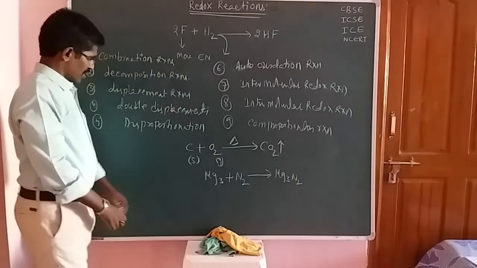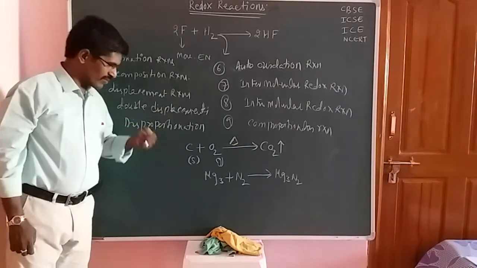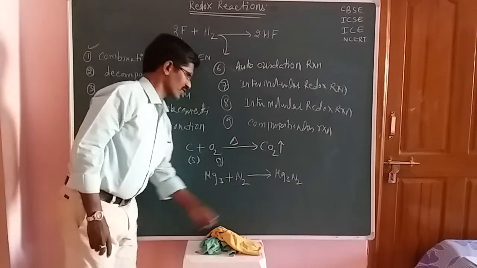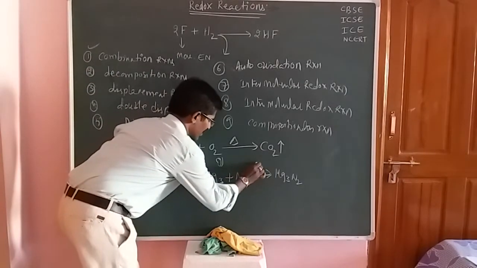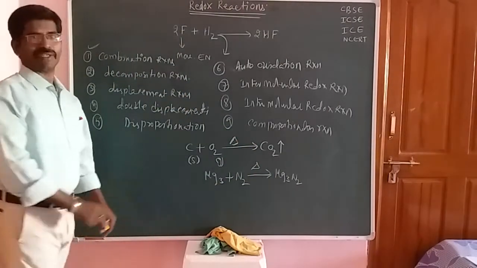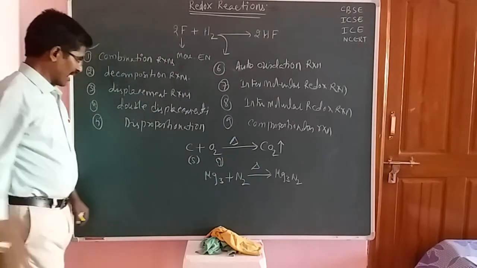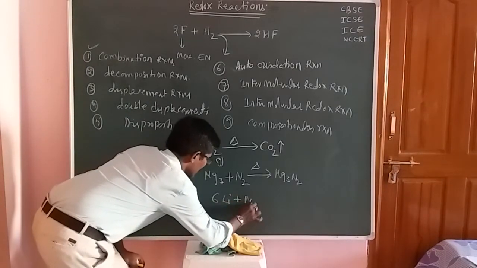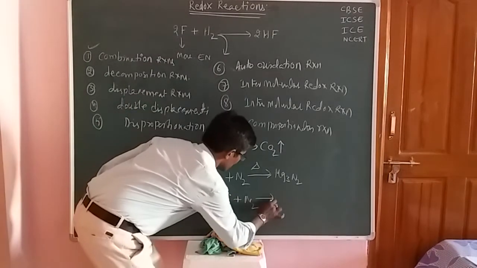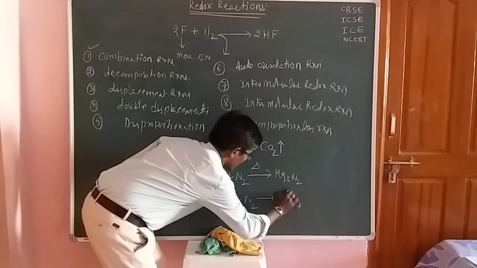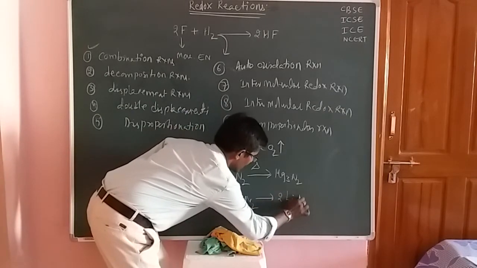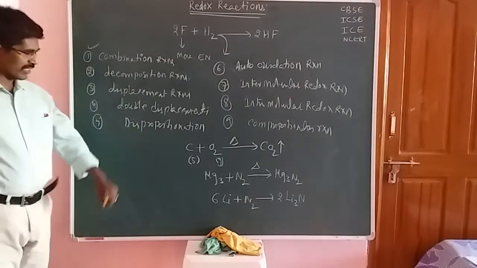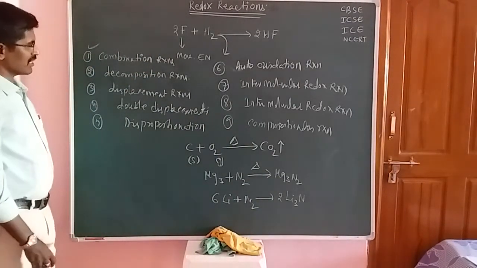This is one type of combination reaction. The next reaction is 6 moles of lithium reacting with N2 gas to give 2 moles of lithium nitride. These are also examples of combination reactions.